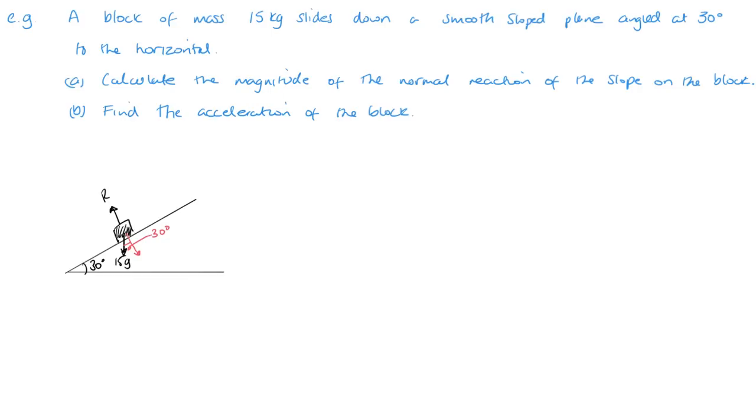So this is 15g cos 30. And then the component parallel to the plane is going to be acting downwards, and that's 15g sin 30. So that's acting down.